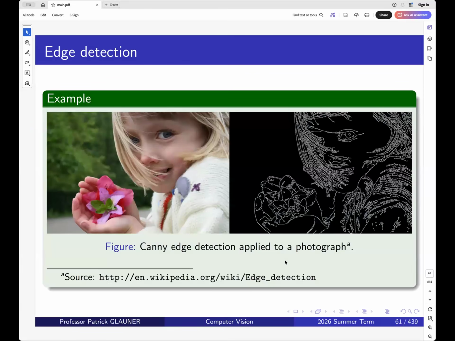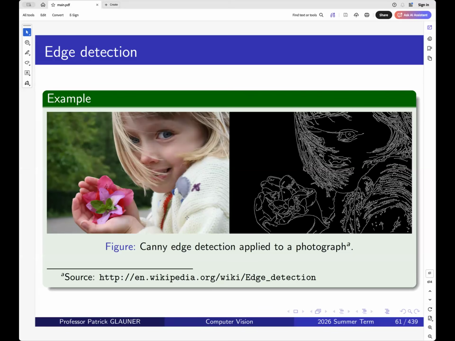Now, there's in Wikipedia this image here of this girl holding this flower, and we want to find the edges in that photo. What we see here is she's holding this flower. Her hands are there, has a lot of hair in her face. There are a lot of edges in the clothes.